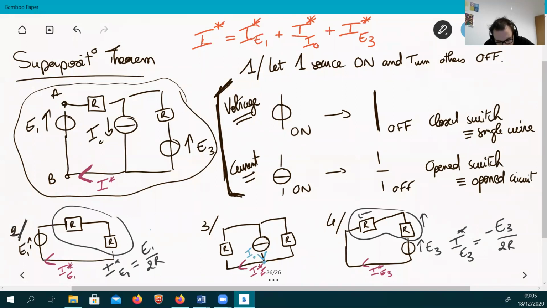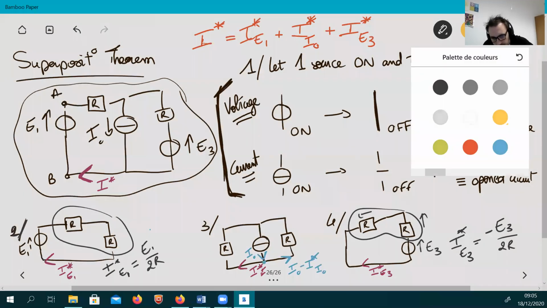You enter in a node, so you can deduce the current here. So it's I0 minus I star I0.